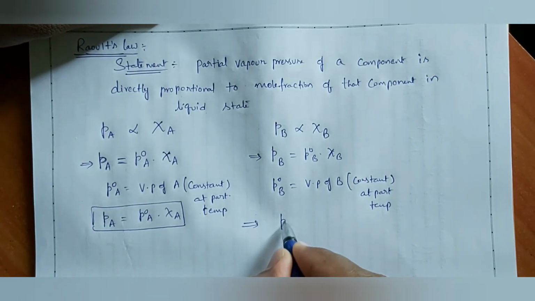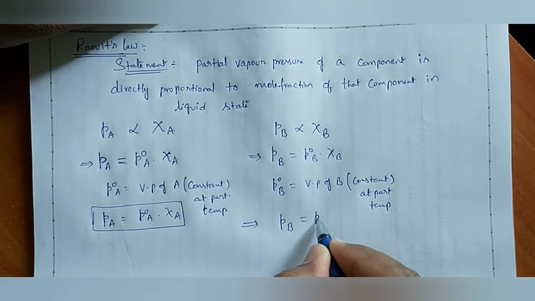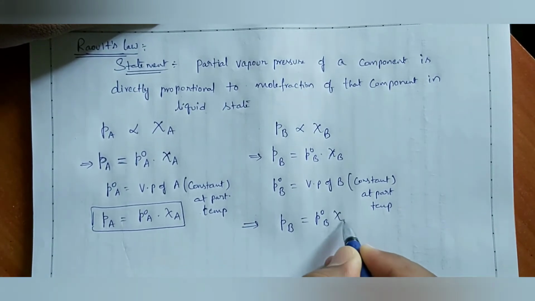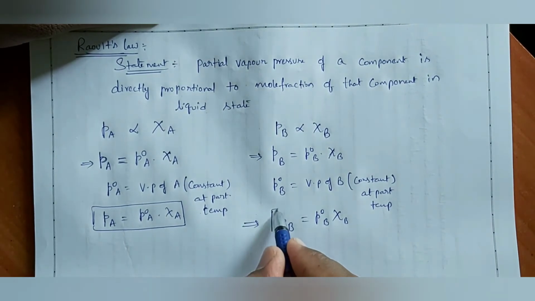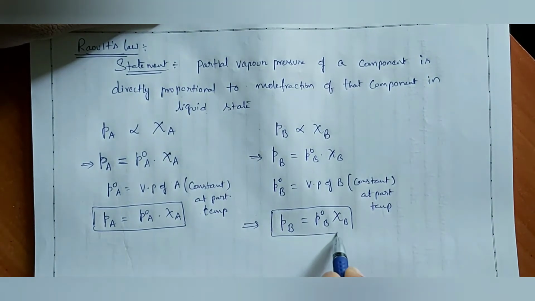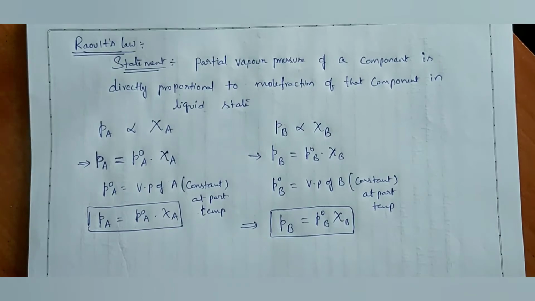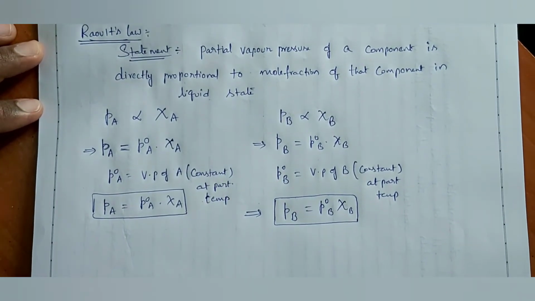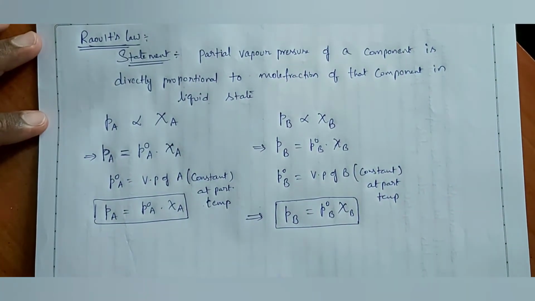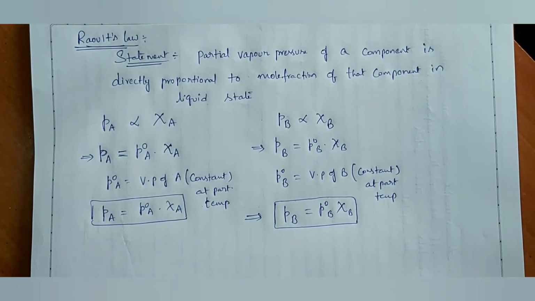Finally, we can write the formula as Pb is equal to P naught B into chi B.